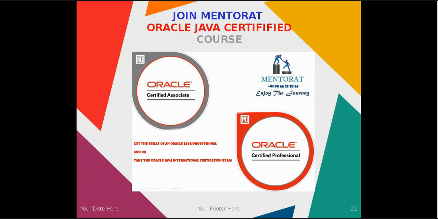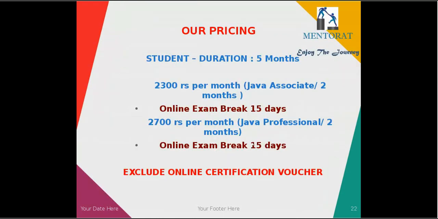So you have the associate certification and you have the professional certification. Okay, for all the students who still have time to complete the bachelor degree or the master degree, or in some institute, most of you, you can come. Together we'll go.